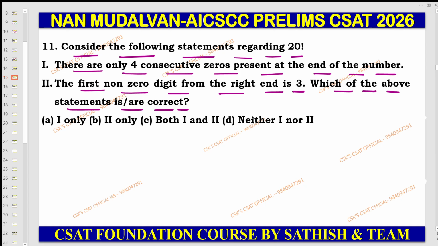Even in the AICSCC also, in depth, I explained all the factorial concepts, the zeros of the number, expression, unit digit, etc. So here in your classes also I explained in depth about the factorial properties, everything.